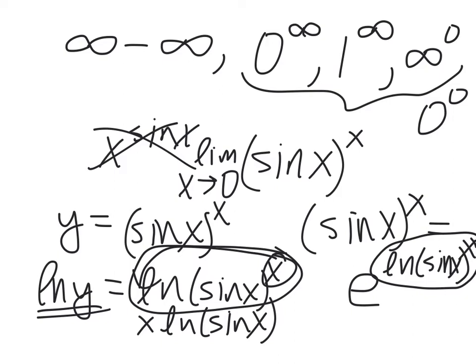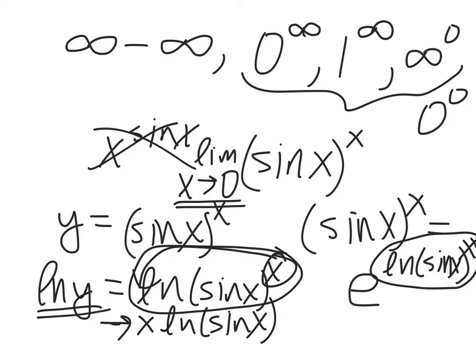So either direction is fine. Either direction you'll end up with working with this right here, which as x approaches 0, we'd end up with 0 times, well, actually infinity, or negative infinity technically.